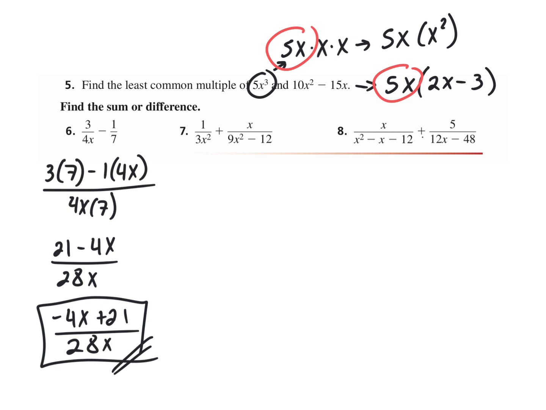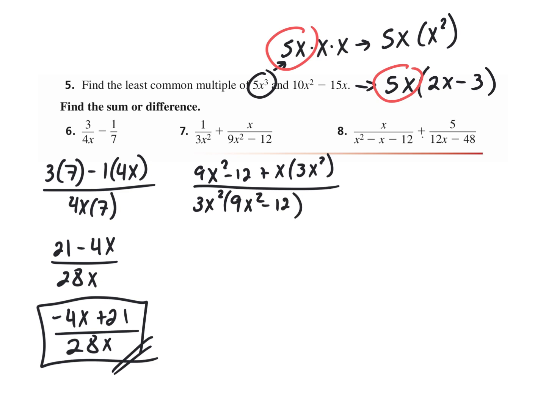Now for number 7, I'm going to go ahead and cross multiply. I'm not going to write 1 times 9x squared minus 12 because it's just going to be the same thing. So I'm just going to write 9x squared minus 12 plus x times 3x squared, all of that over 3x squared times 9x squared minus 12. I'm going to go ahead and now multiply both of the terms, the numerator and the denominator. So I get 9x squared minus 12 plus 3x cubed. I'm going to distribute the denominator.